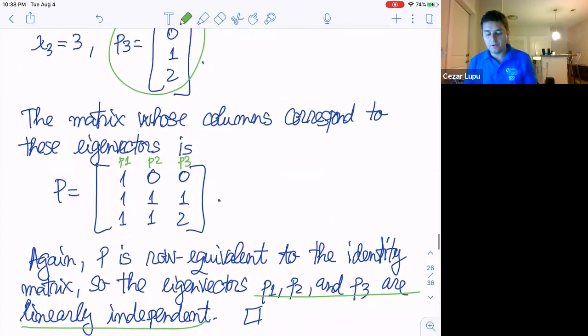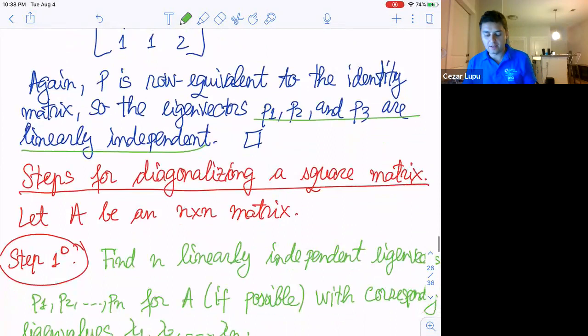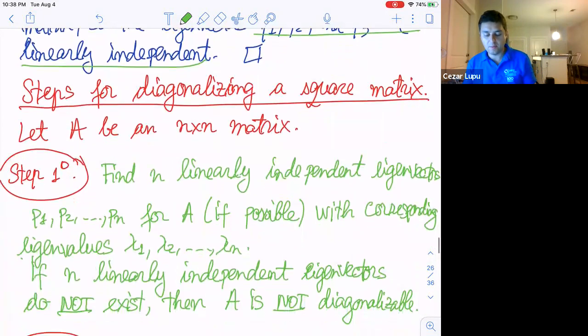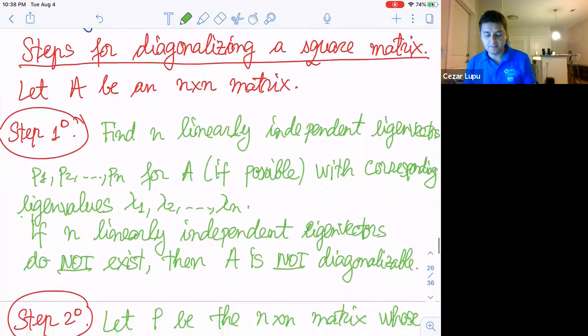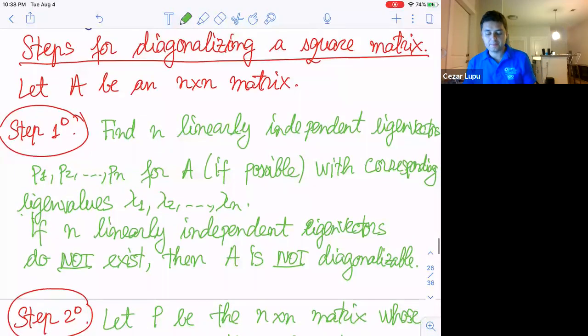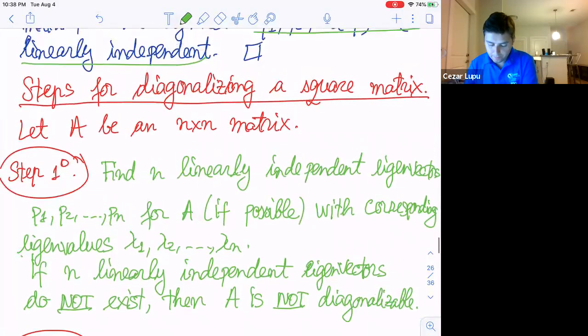And now I'm going to give you some steps for diagonalizing a square matrix. This is very important. This is how we diagonalize a matrix. But first, let's consider an n by n matrix A. Step 1 is the following.